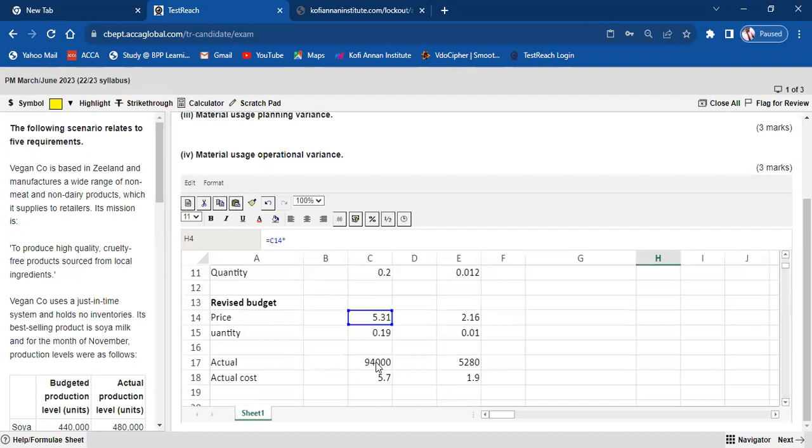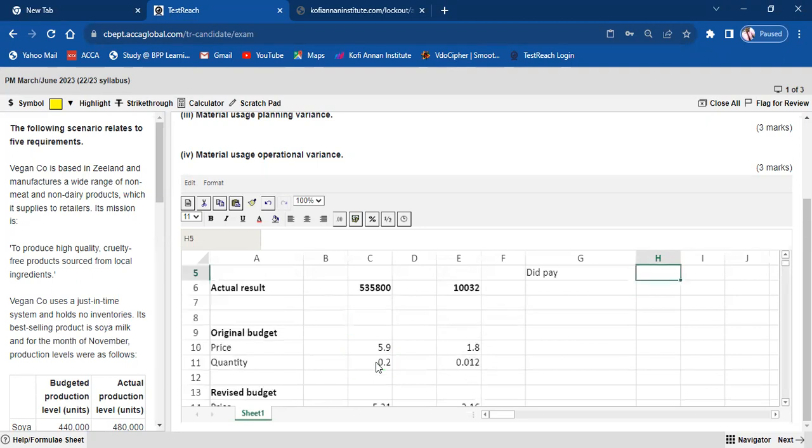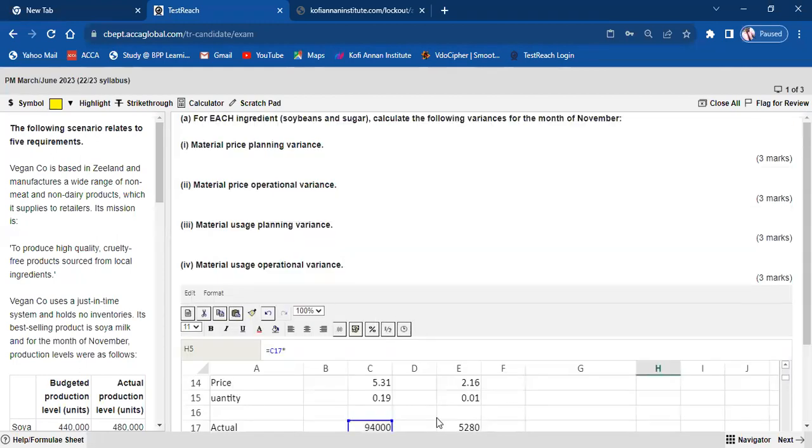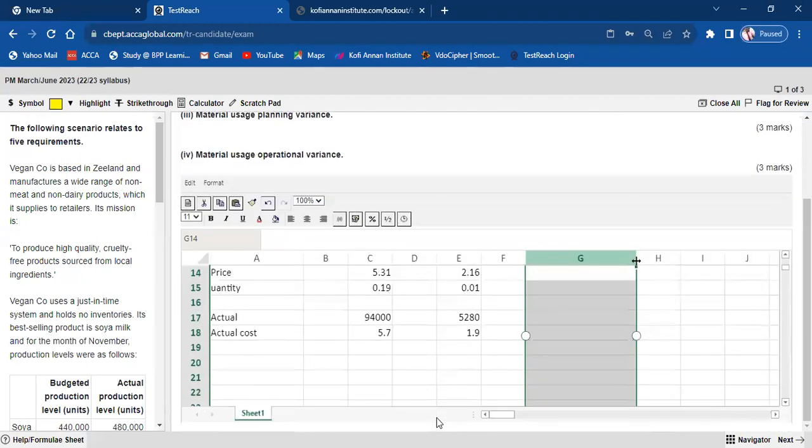We actually bought 94,000 kilograms. So each one of the 94,000 kilograms should have been bought at a price of 5.31. But each one of them was bought, each one of the 94,000 kilograms was bought at 5.7.